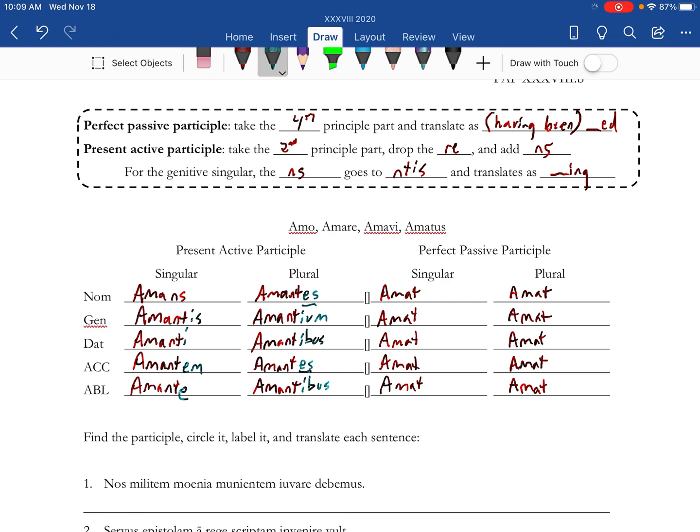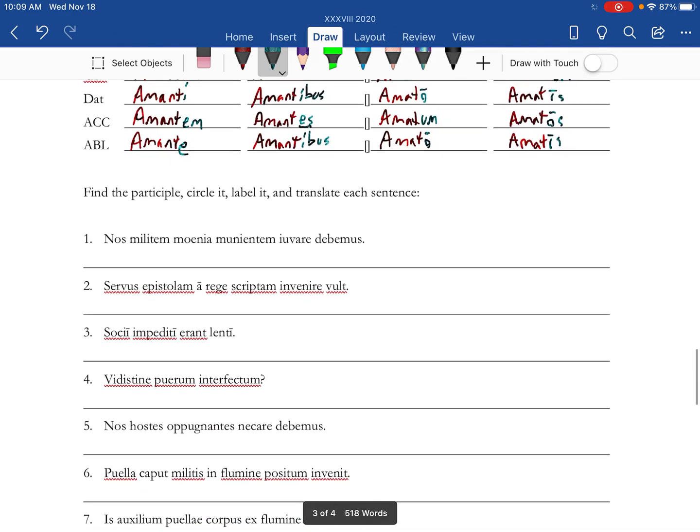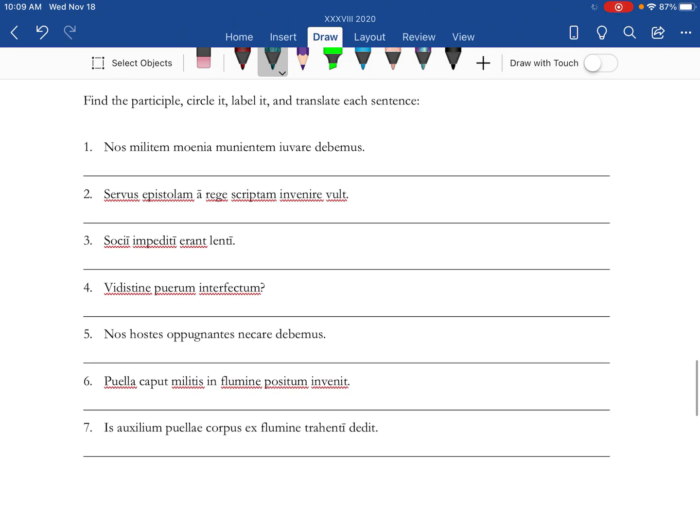Alright, so with this one, I'll just go masculine because that's usually default. Some practice with these guys.